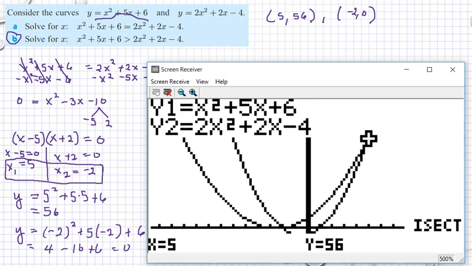Then we did it right. The second question, the B question, is solve for x, where x squared plus 5x plus 6 is greater than 2x squared plus 2x minus 4. That was the question.